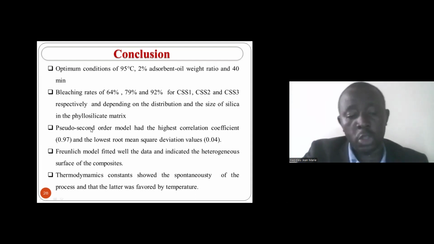The adsorption mechanism involves external and internal diffusion steps. Overall, the study highlights the effectiveness and environmental benefits of utilizing silica smectite clay-based composites for palm oil bleaching. Thank you for your attention.